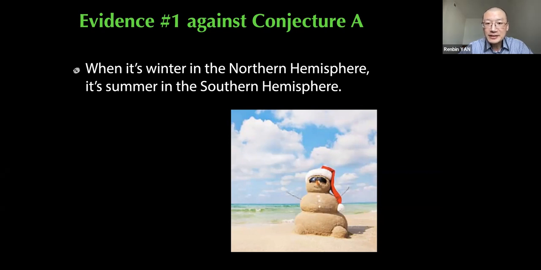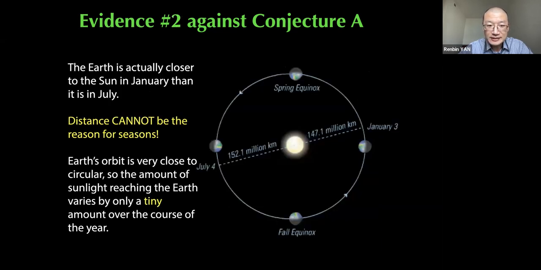So it cannot be the overall distance between the Earth and the sun that determines the season. This plot shows the Earth is closer to the sun in January than it is in July. In January, we are about 147 million kilometers away from the sun. In July, it's about 152. Distance cannot be the reason for seasons.